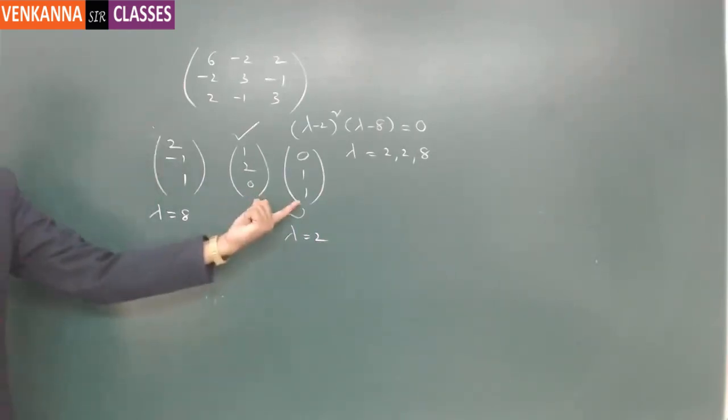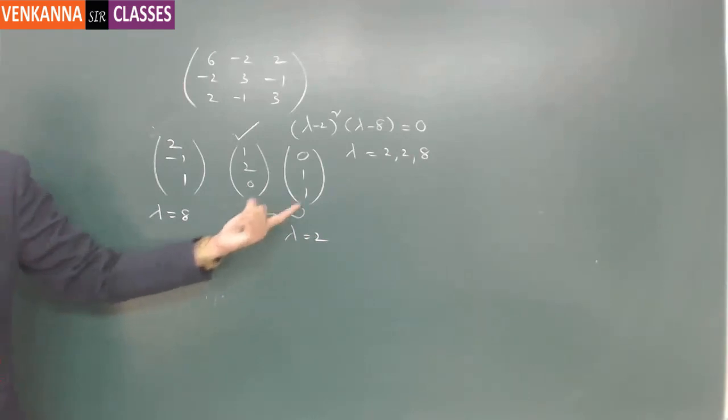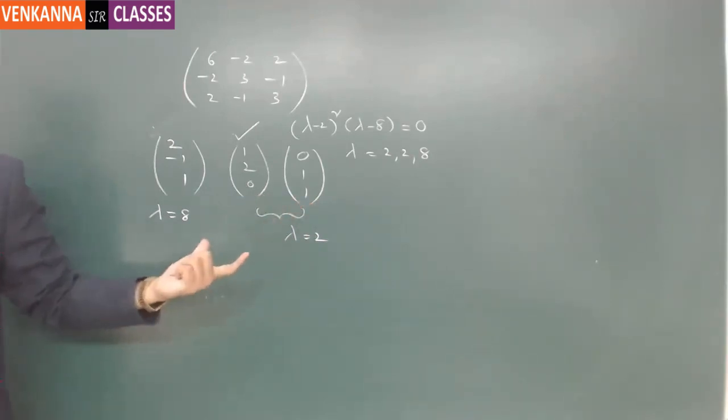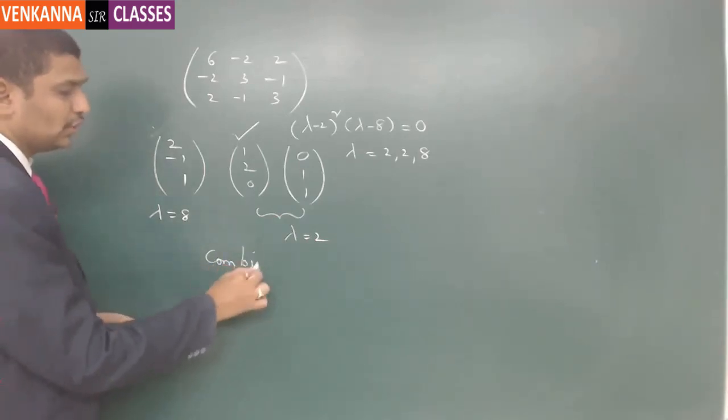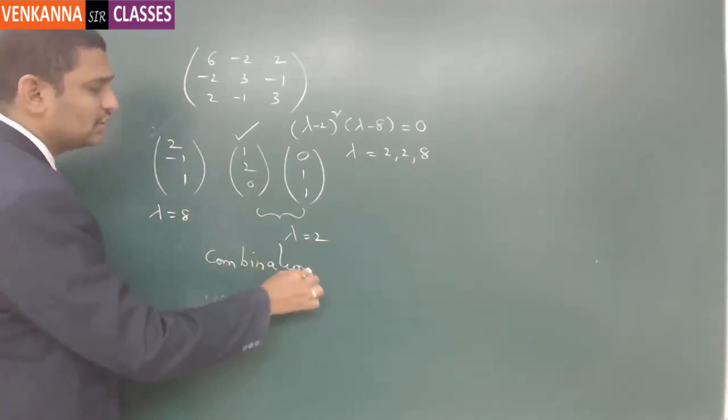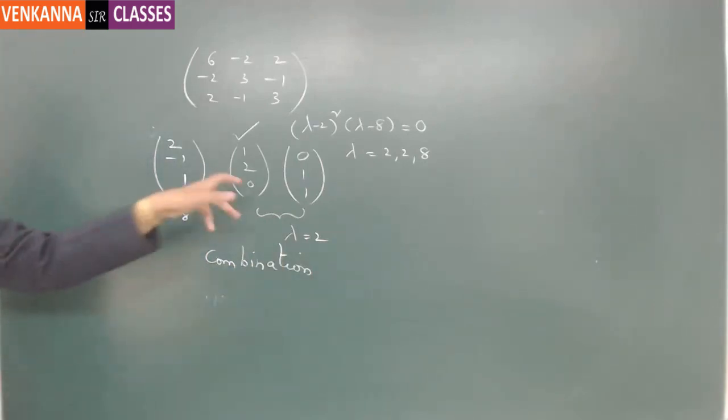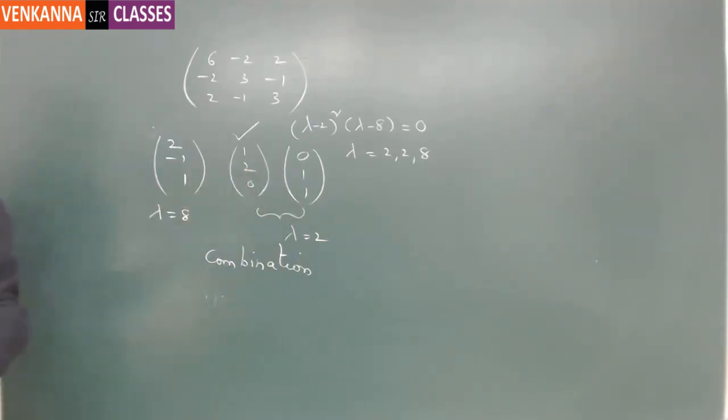Since these two are not orthogonal, you simply consider these two vectors and find a combination. So you are finding a vector which is perpendicular to these two. Try to understand that.